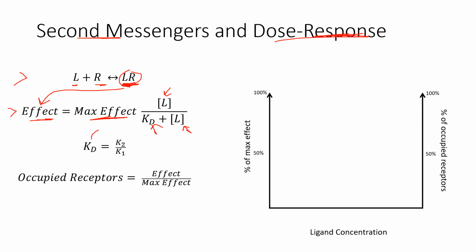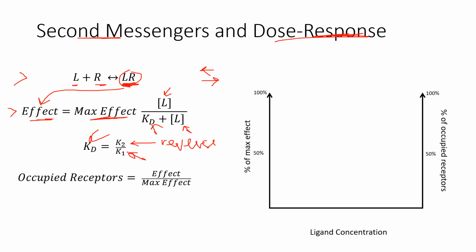And so this is Kd. Now, Kd, or the affinity of the ligand to receptor, is expressed as a proportion of how well the reverse reaction is over the forward reaction, where K2 is the reverse reaction, so the reaction goes this way, and K1 is the forward reaction, where the reaction goes this way.